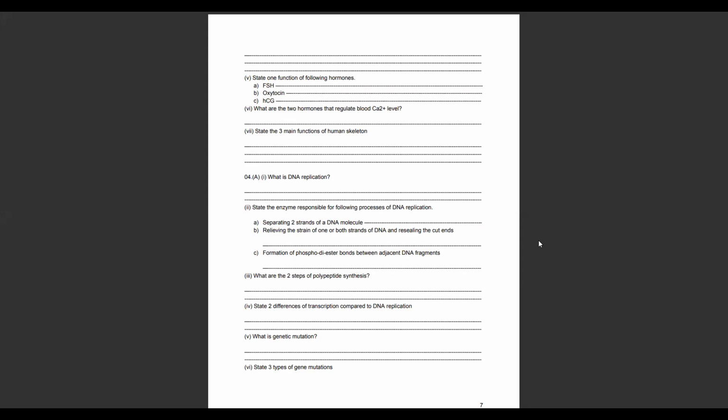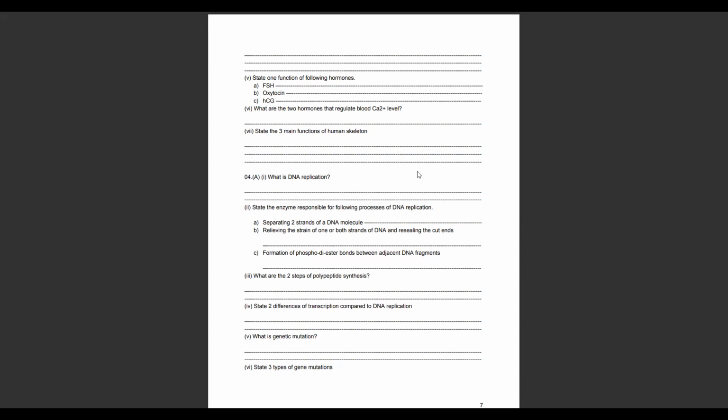The process which copies a double-stranded DNA molecule to produce two identical copies. Give 1 mark.